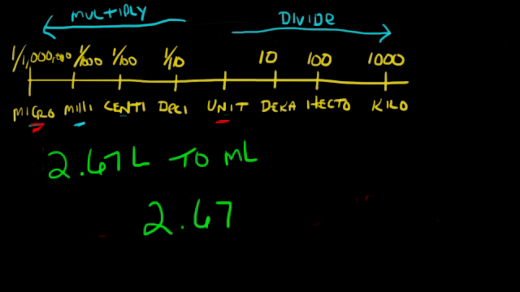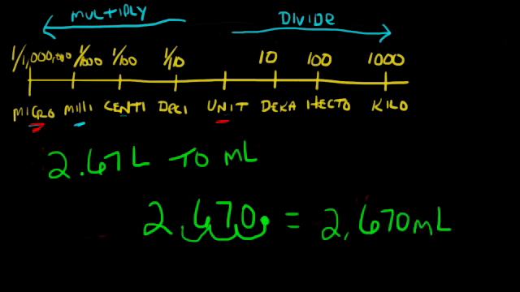We're going to move our decimal point 3 places to the right. So that's 1, 2, 3. Decimal point there, add a 0 there, and we come out with 2,670 milliliters. So 2.67 liters is equal to 2,670 milliliters.